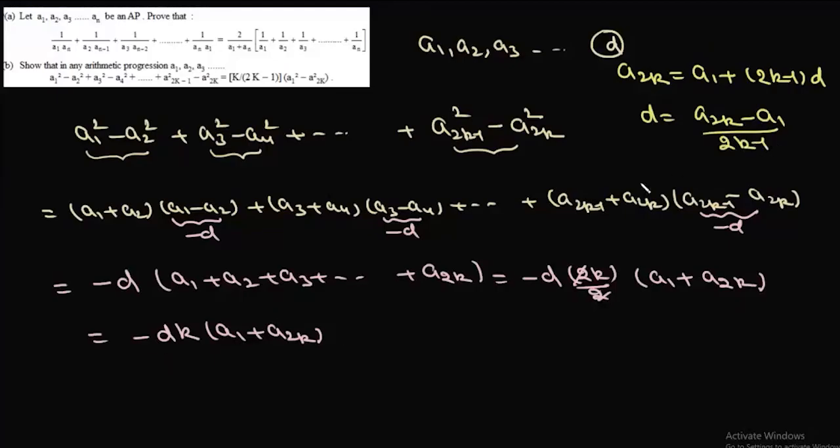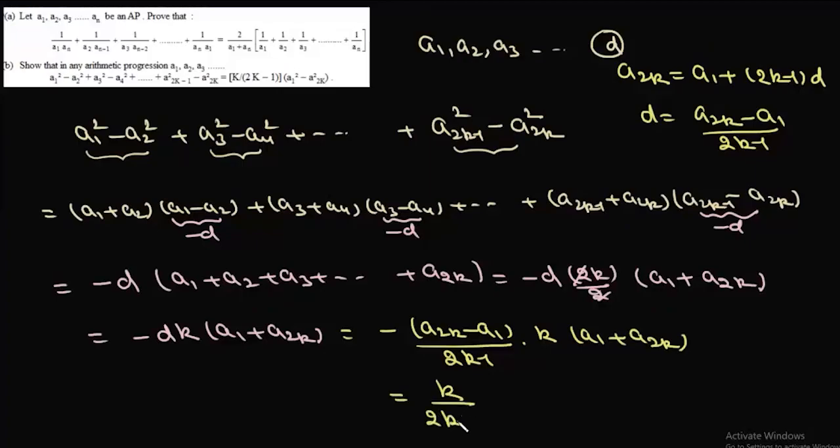So we'll put it here, and we'll get minus a2k minus a1 upon 2k minus 1 into k into a1 plus a2k. Now we'll take this minus sign here, then it will be a plus b into a minus b, which is k upon 2k minus 1 into a1 square minus a2k square, which is what we need to prove in this question.